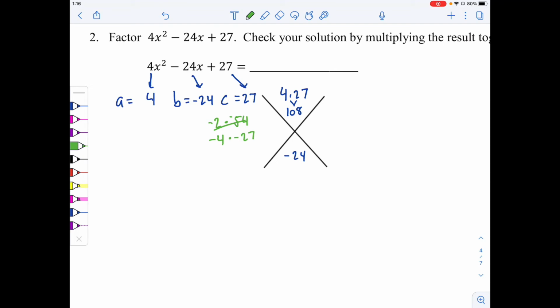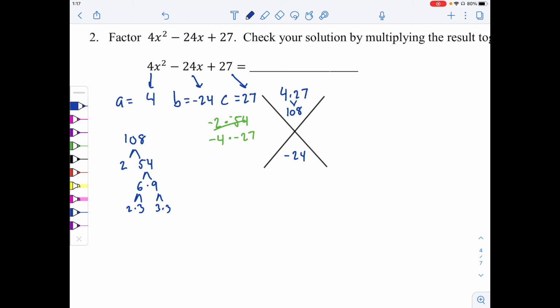Let's break this down. 108, 2 and 54. 54, 6 and 9. 6 and 9, okay, 2 and 3. This is 3 times 3. Okay, so how can we break down 108?